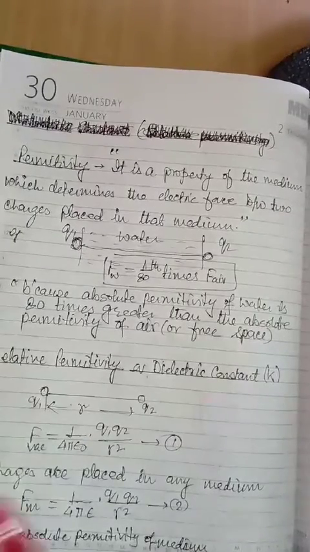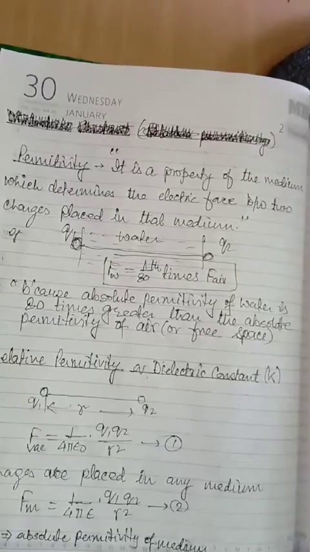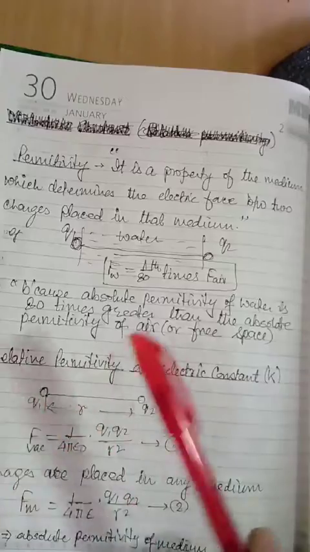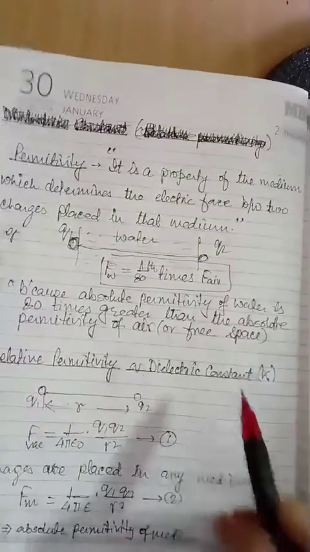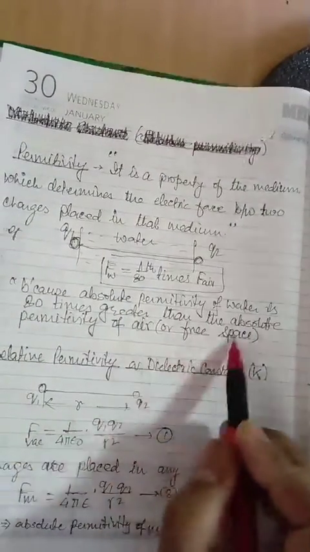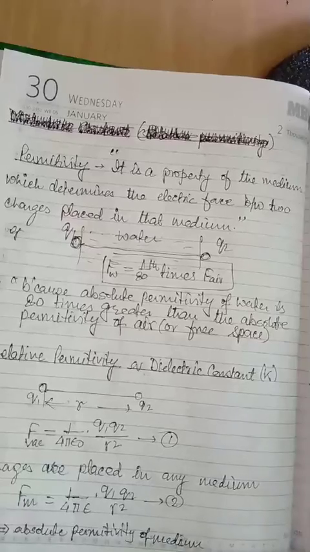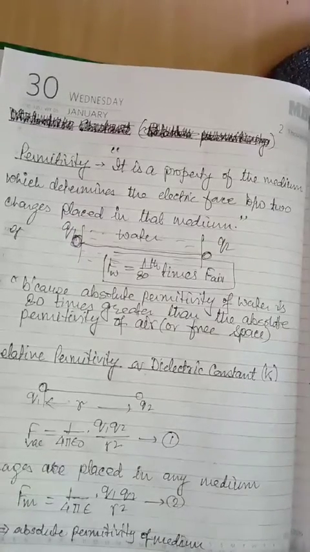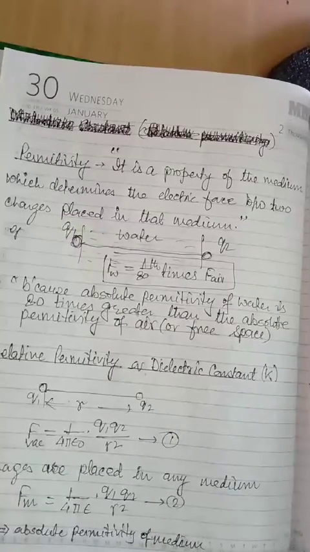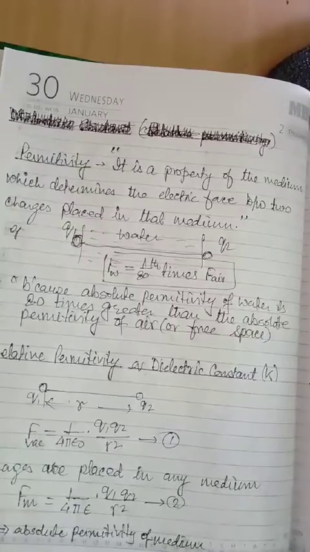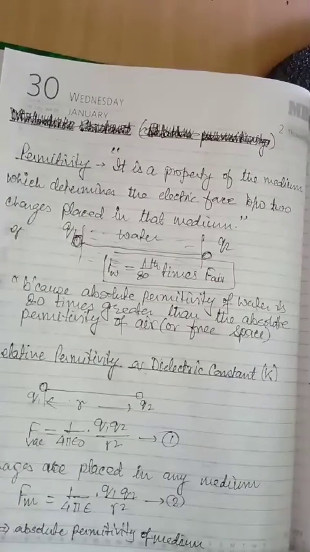Why is it so? Because the absolute permittivity of water is 80 times more than air. So you should keep in your mind that permittivity gives the permission of the force in the medium. This is very, very important.